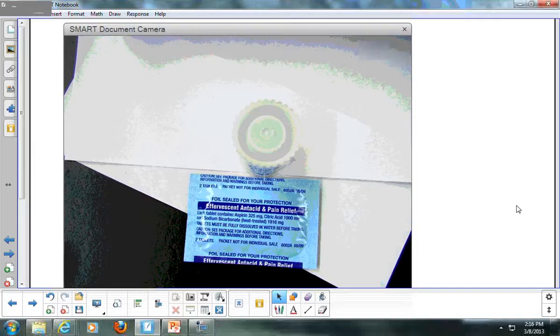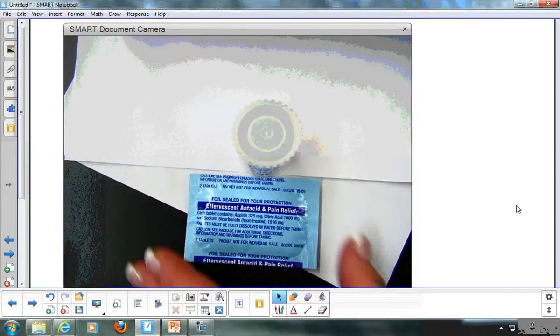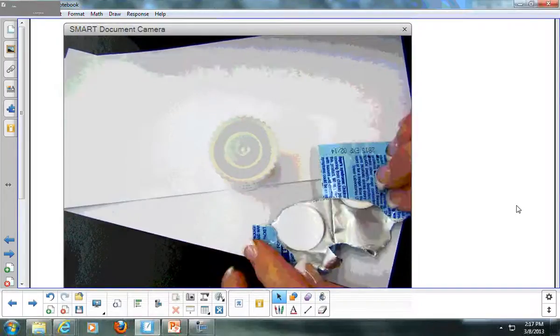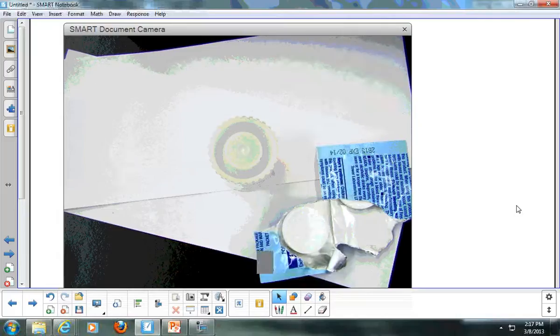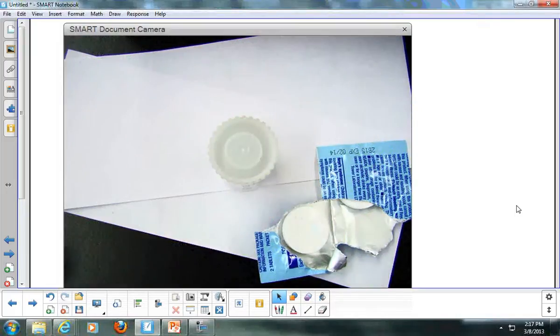You'll be given one package of antacid pain relief, effervescent. That gives you 2 tablets that look like that. You need to, on each of these, do a minimum of 3 trials.